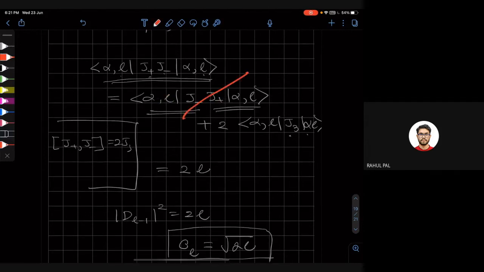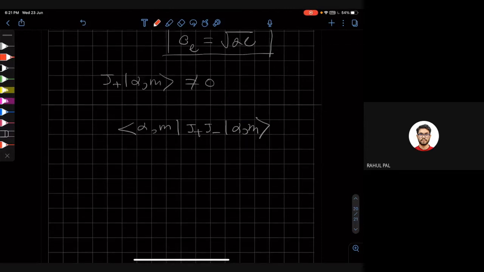It's going to be alpha m, J minus J plus, plus 2 J3, alpha m.